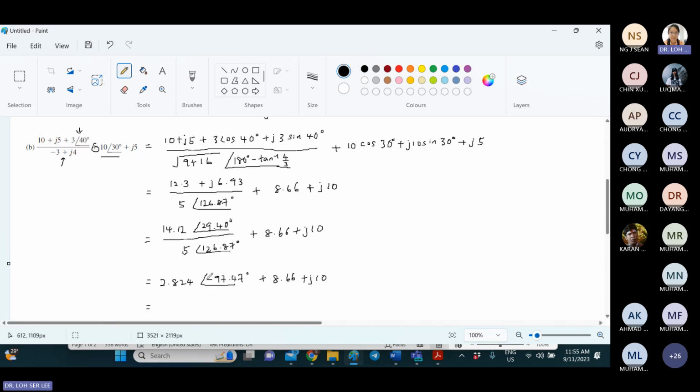Rectangular form means 2.824 times cos this one. Then you plus 8.66. Get the value in one shot. And for the imaginary part, this is 2.824 times sine of this.